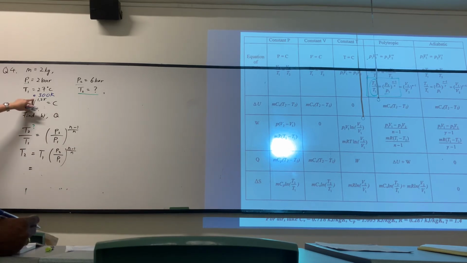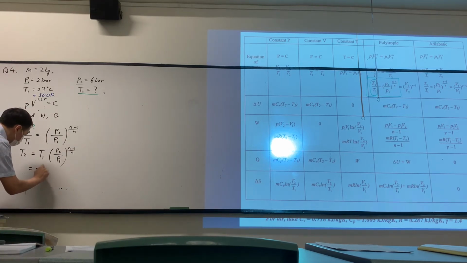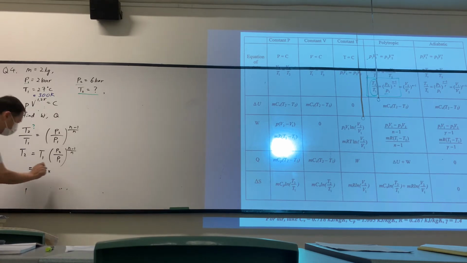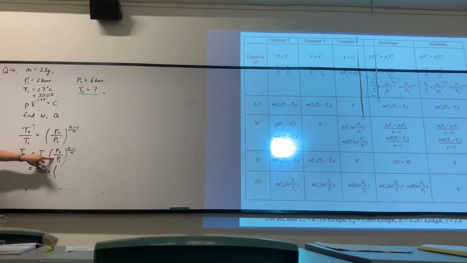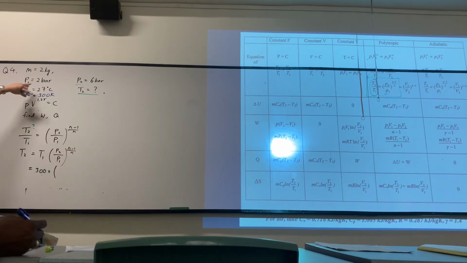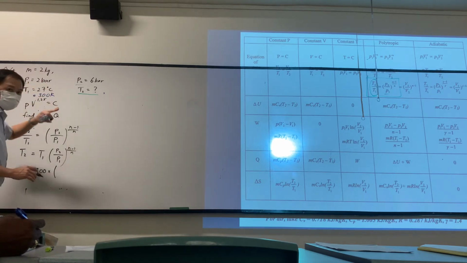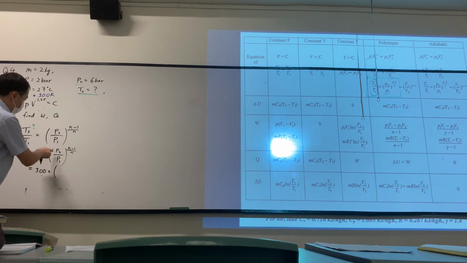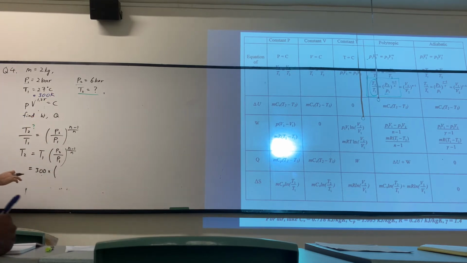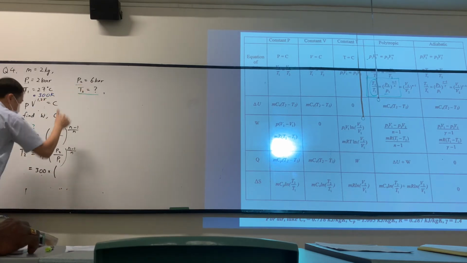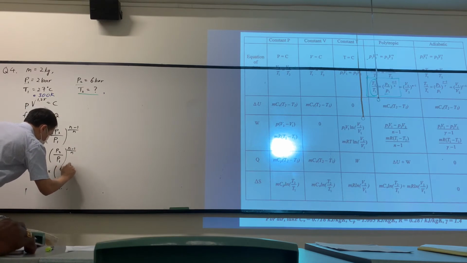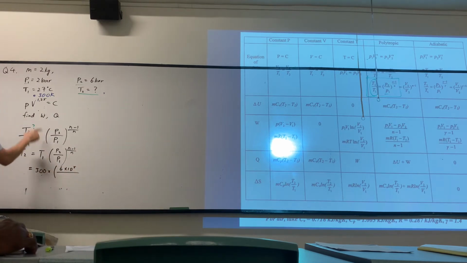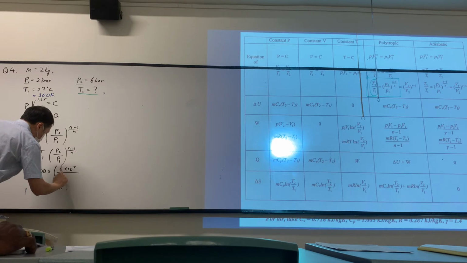T1 I have is 300 Kelvin. 300 times P2 over P1. Now I have pressure divided by pressure, you can leave it as bar. If you change to kilopascal or Pascal, any difference? Let me show you. Let's say I put Pascal: P2 6 bar is 6 times 10 to the power 5, P1 is 2 bar, so 2 times 10 to the power 5.